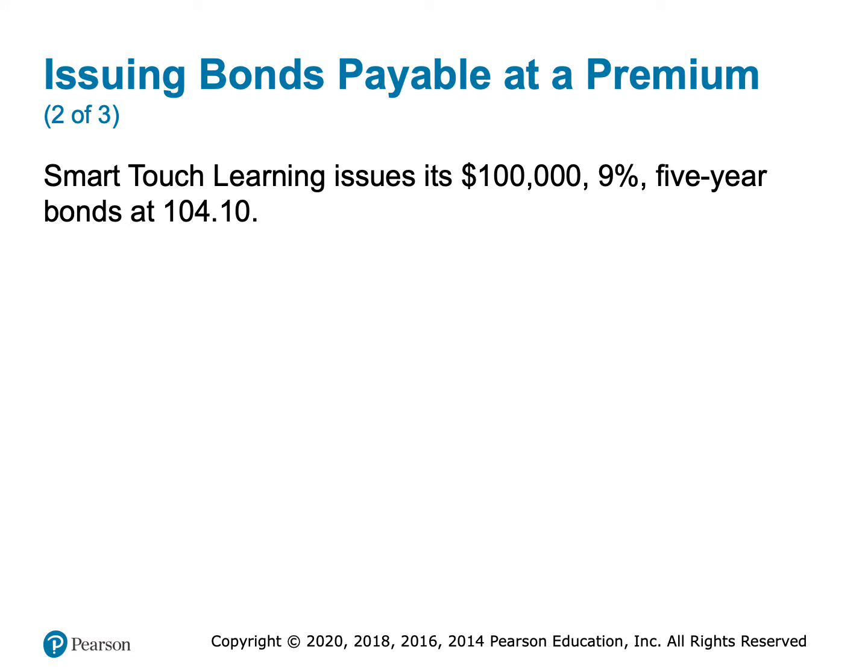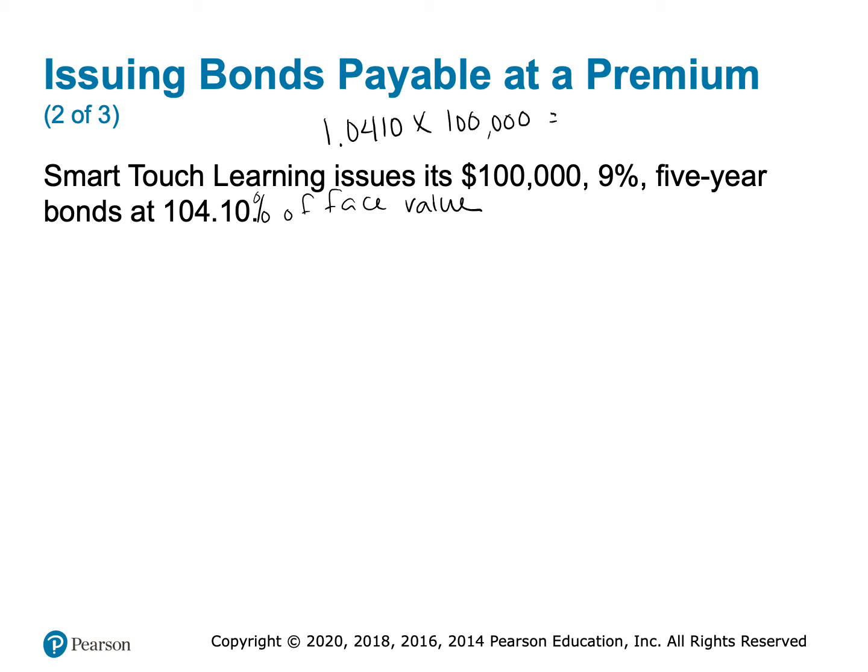So here we're told that we're issuing our 100,000 9% 5-year semi-annual bonds at 104.1. So what this means is our bonds are selling at 104.1% of face value. So the cash that we're going to receive would be, convert the percent to a decimal, 1.041 times 100,000.